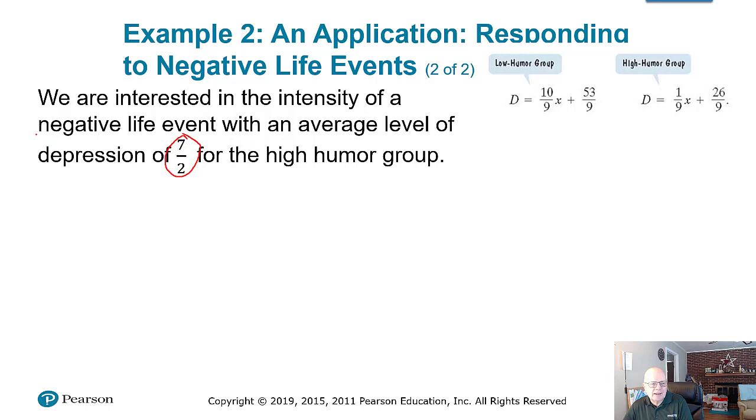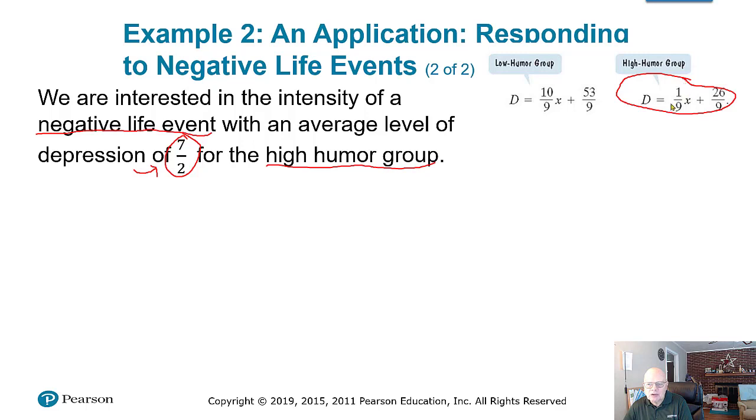What would be the intensity of the negative life event if the depression ends up like this, and it's for the high humor group? So the high humor group means we're talking about this formula over here.